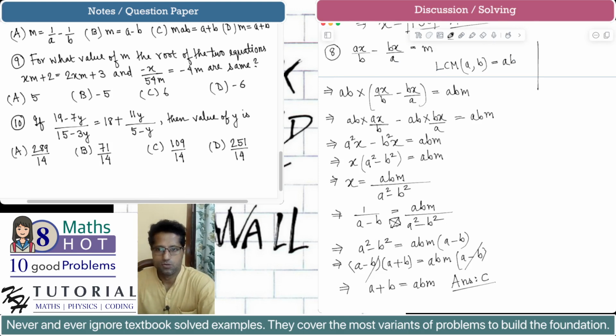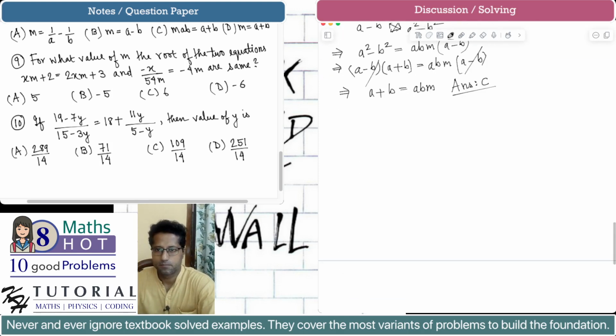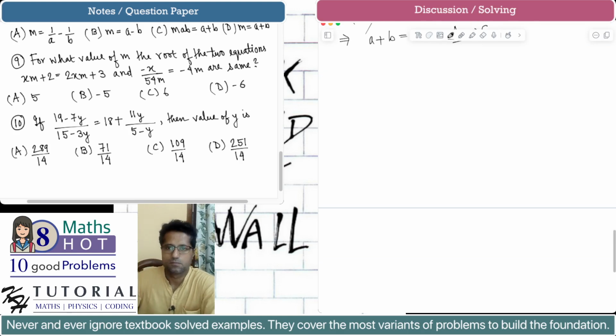Okay, let's do problem number 9. It is asking for what value of m the roots of the two equations are the same. So two equations are given. Let us first write the two equations. Xm plus 2 is equal to 2xm plus 3. This is the first equation.